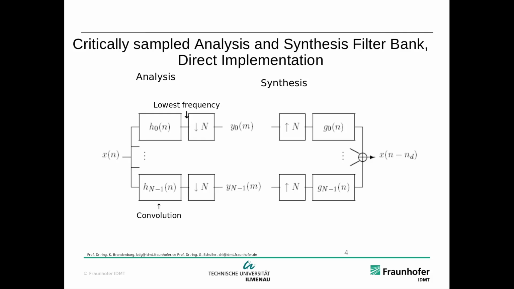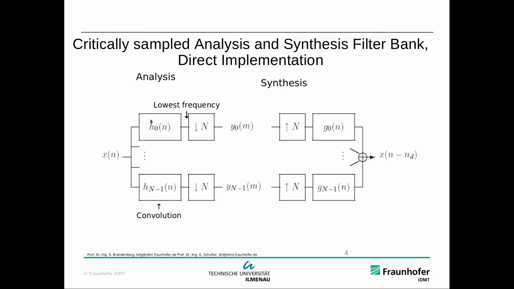Yeah, and this is how our filter bank in general looks like. So here on the left-hand side, x of n is our audio signal. This audio signal is then given to a bank of filters. So here is a filter, the H naught of n is the impulse response of the lowest subband filter.